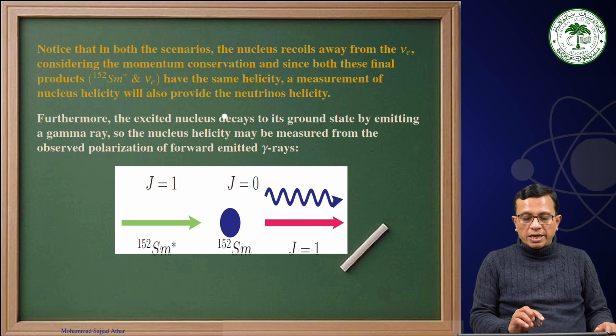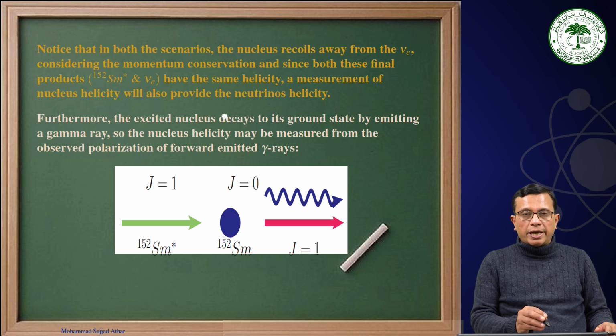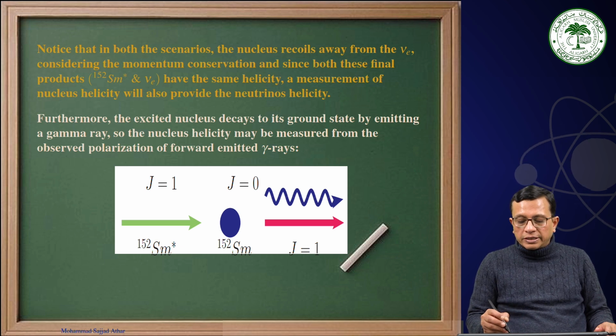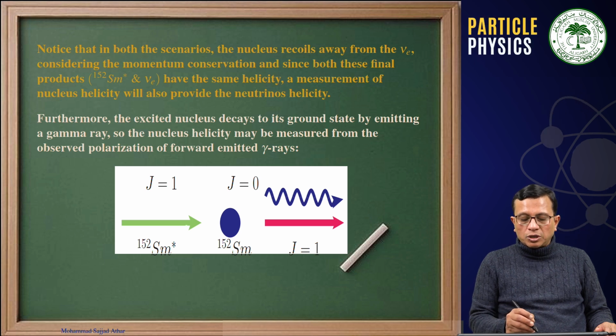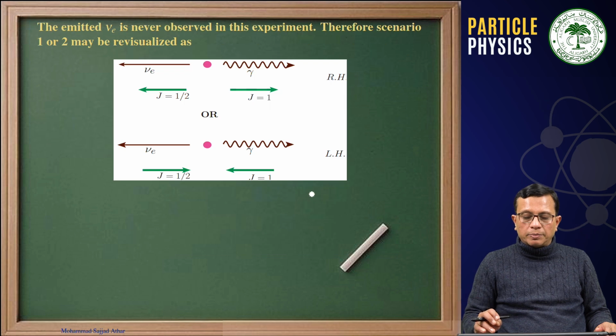Furthermore, the excited nucleus decays to its ground state by emitting a gamma ray. So the nucleus helicity may be measured from the observed polarization of the forward emitted photons. Therefore, this is the excited nucleus with J equal to 1. It is coming to the ground state with J equal to 0 by emitting a photon which is carrying the angular momentum of the samarium star.